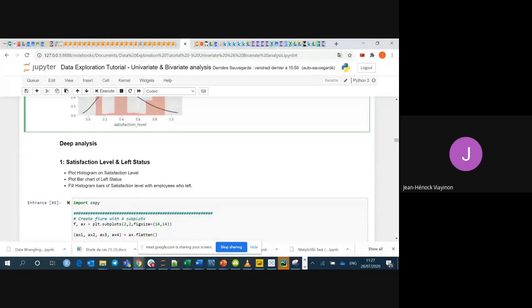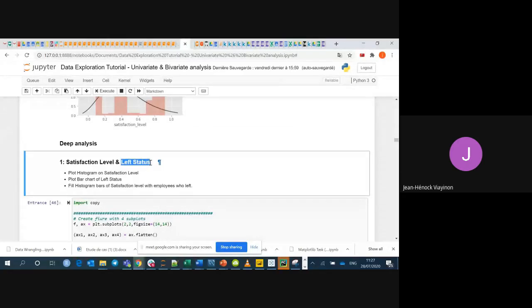Some more analysis will be about the satisfaction level and the left status. Apart from the satisfaction level, I think the most important variable is the left status, because it directly targets whether the employee will leave or not.